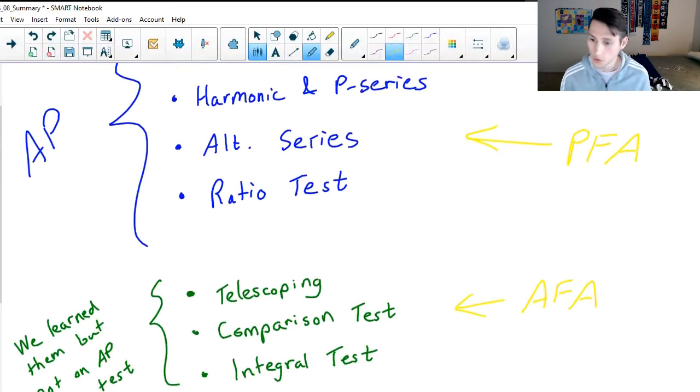All right, just for organization wise, so that you can look and think, oh, okay, the PFA, these are the ones that are going to be on the AP test, or at least the ones the AP College Board tells us we need to know for the AP test. And the tests from the AFA are, we learned them, but not going to be on the AP test. Is that a good way to go about it, do you think?